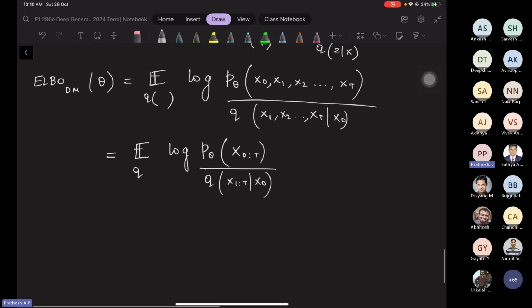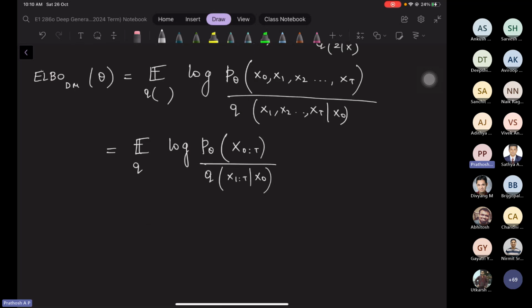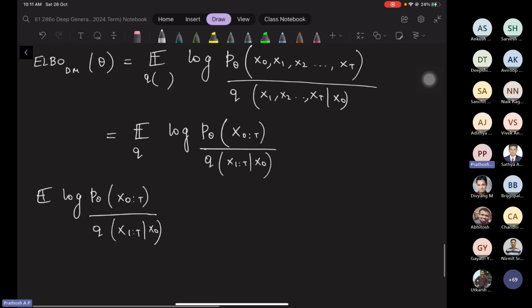So this can be written as the expectation of log p theta of x0 to T divided by q of x1 to T given x0.